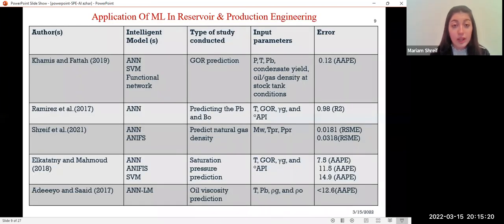Several research studies have been conducted to unfold the potential applications of machine learning.